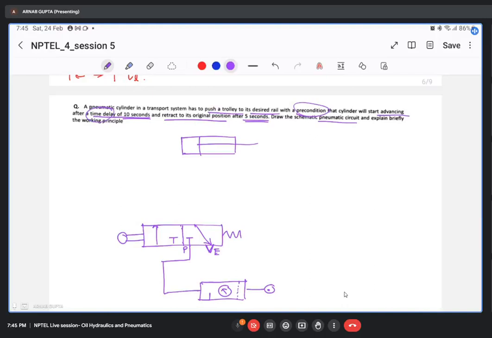So there should be some switching, like once this particular cylinder is extended to its extreme position, then the retracting sequence should also be activated. So there should be some switching. I am denoting it as S1 and S2.